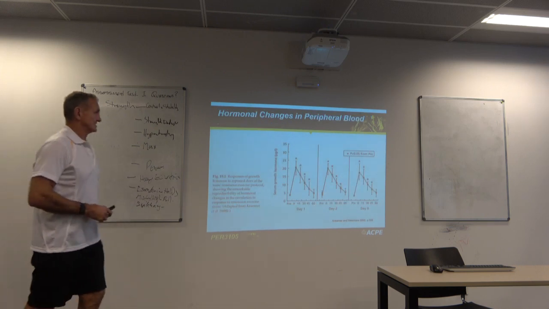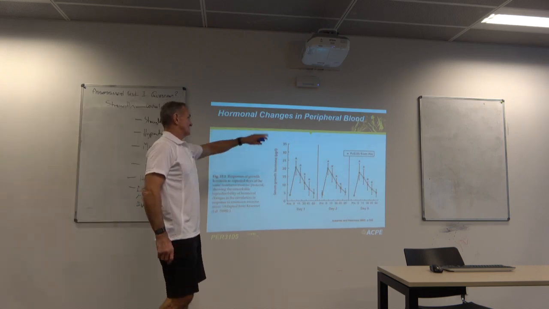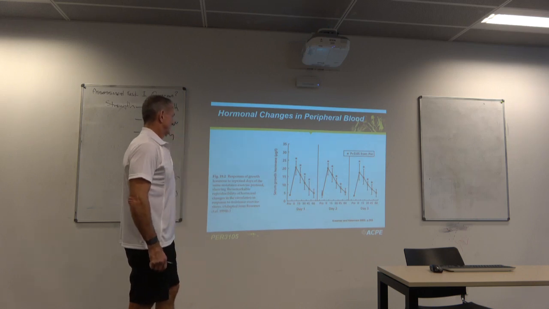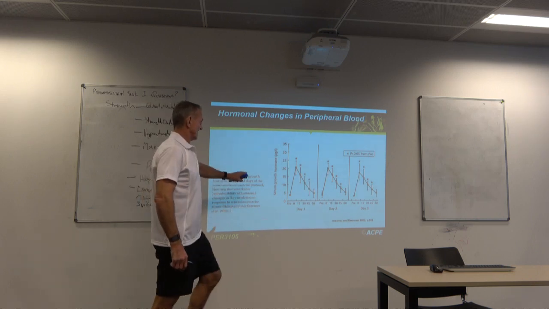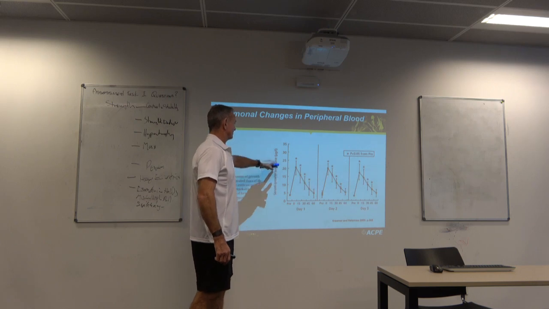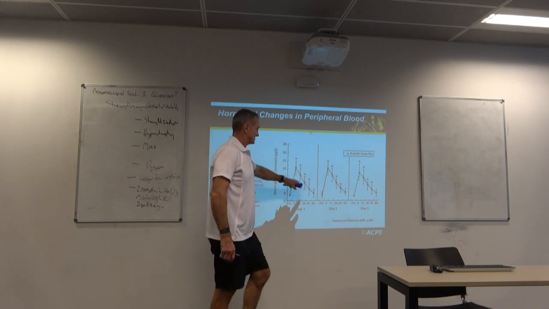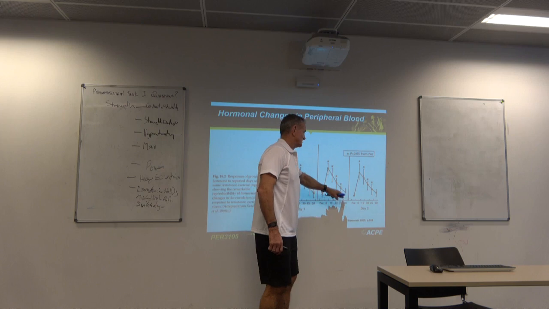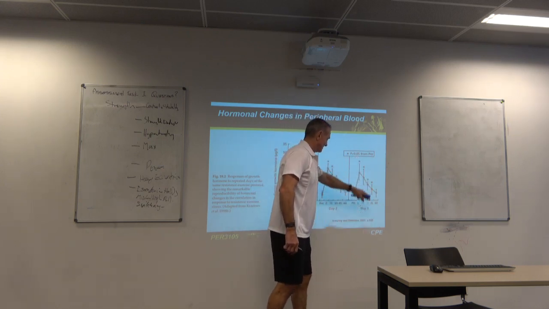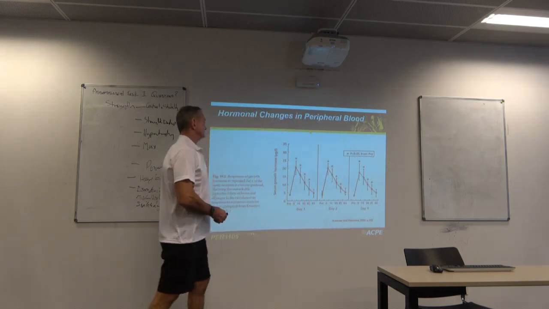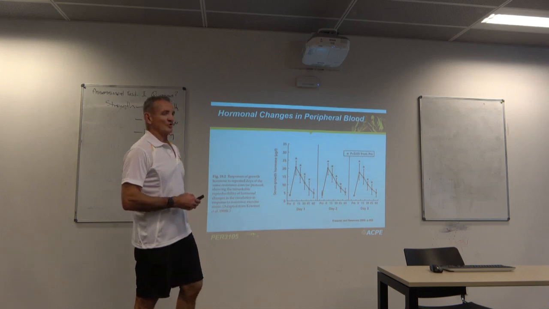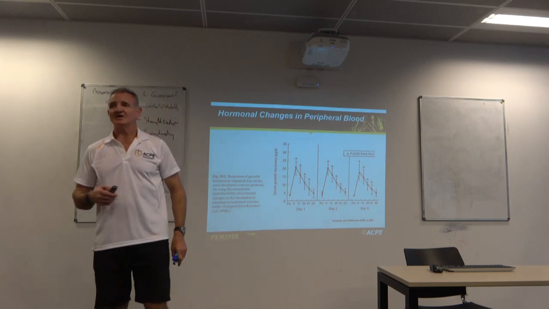Okay, and again, just some of those hormonal changes in the peripheral blood and its responses. So it starts out, we're getting plenty of growth hormone, and then it diminishes. Day 2 diminishes, then day 3 diminishes. And then we're monitoring all our systems as well, aren't we?